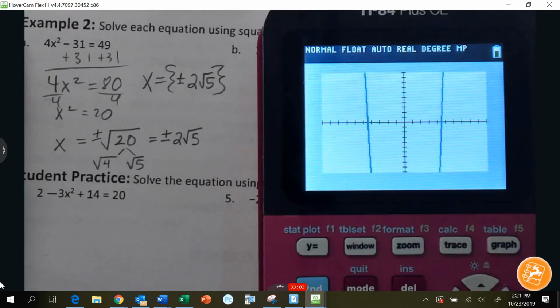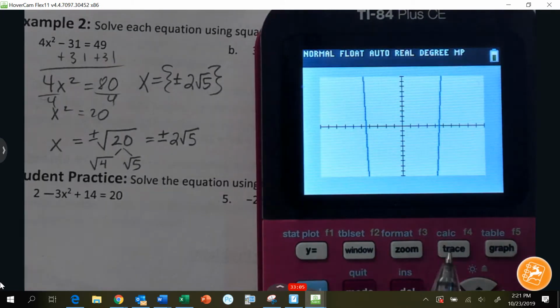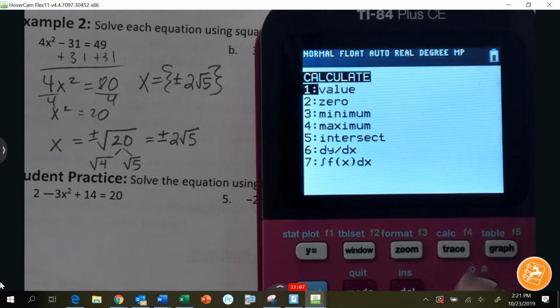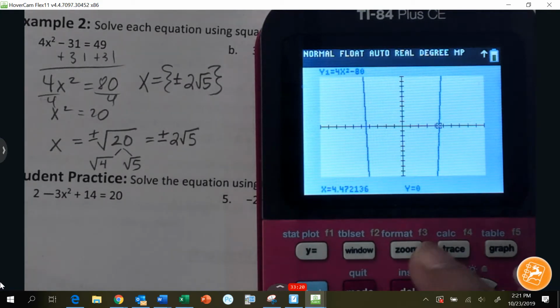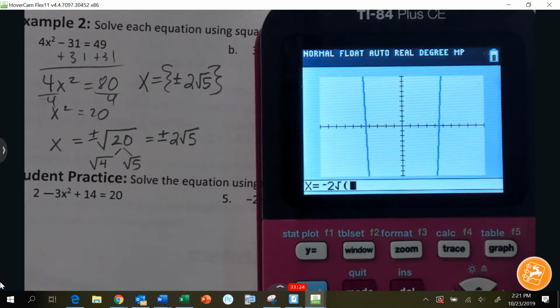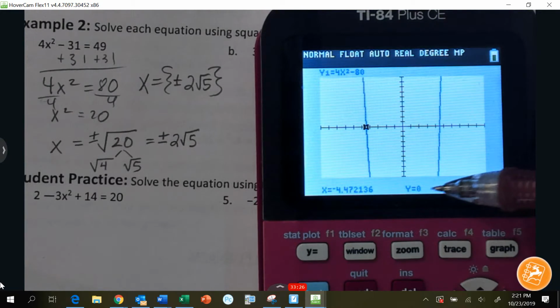If I used my graph and did second trace, value, and typed in 2 square root 5, that would tell me y is 0. So that is a correct answer. If I typed in negative 2 square root 5, I can validate, yep, that's an answer.